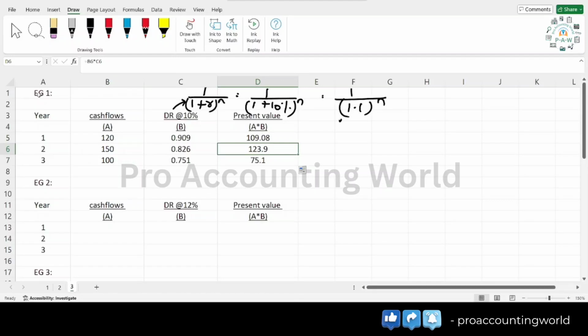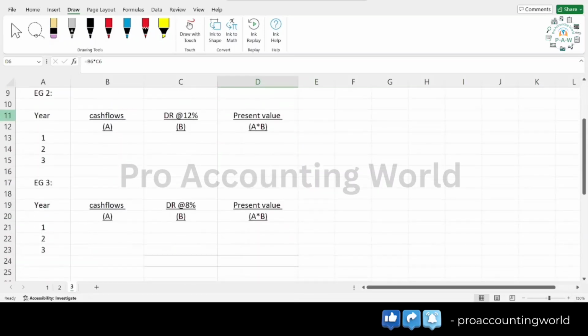Let us do example number 2. Say for example guys, here the cash flows is 90. Second year it is say 95. And then say it is 110.